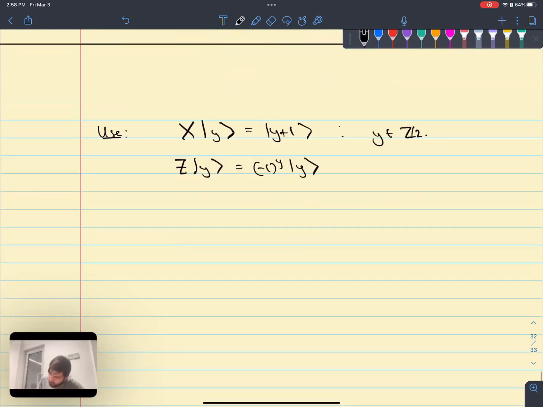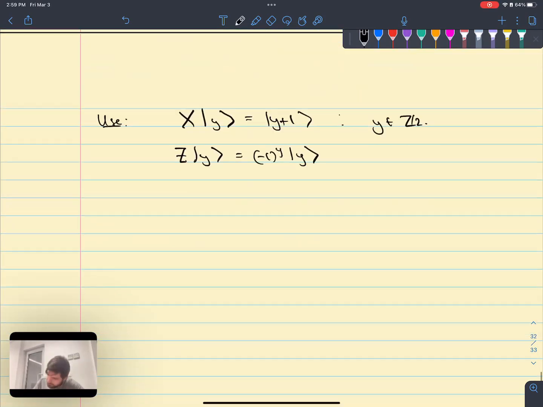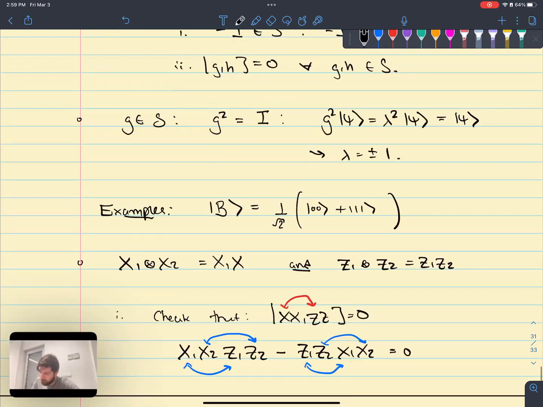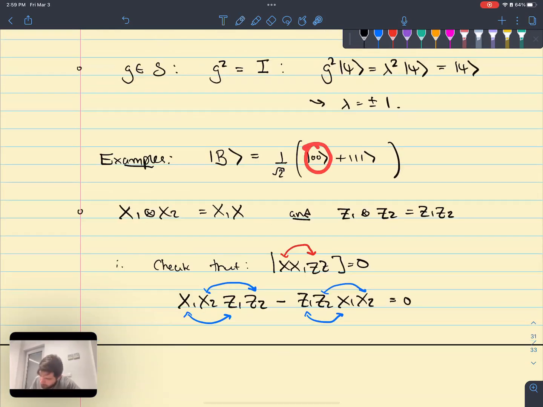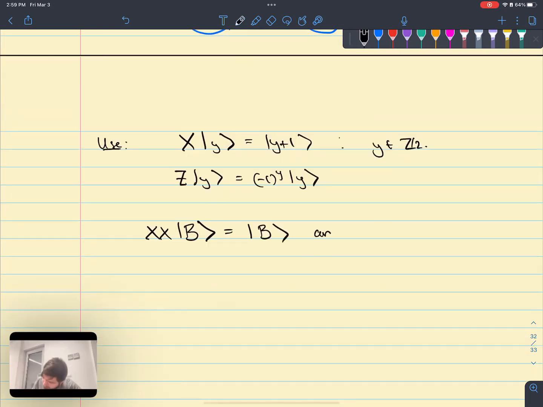So then we can show that this in fact stabilizes. XX acting on B maps this to 1, 1, and this one to 0, 0, but the coefficient in front of them is the same, so you get back the same thing. And similarly, ZZ on B will be equal to B.